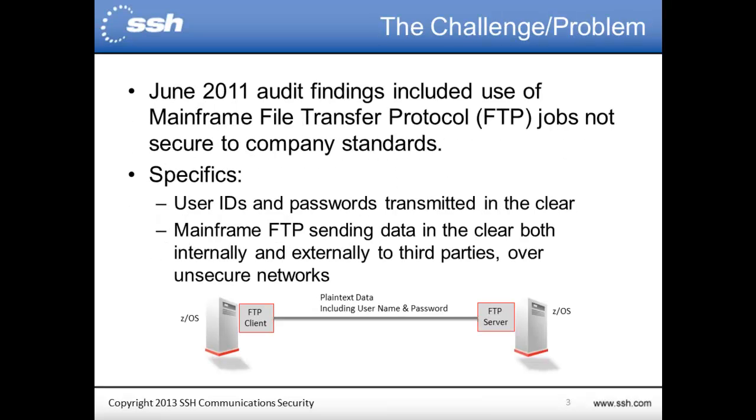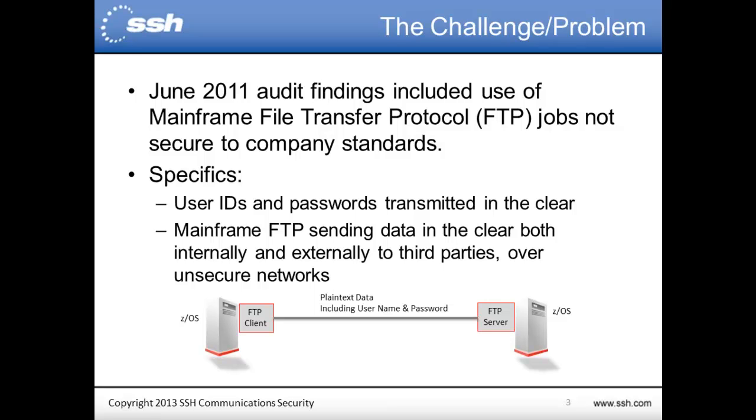Great. And what was the challenge with respect to file transfers that you were finding with your client? Well, I think like most companies, we had an audit back in June 2011. And the findings of that audit said that our mainframe file transfer jobs were not being secured to the new company standard.